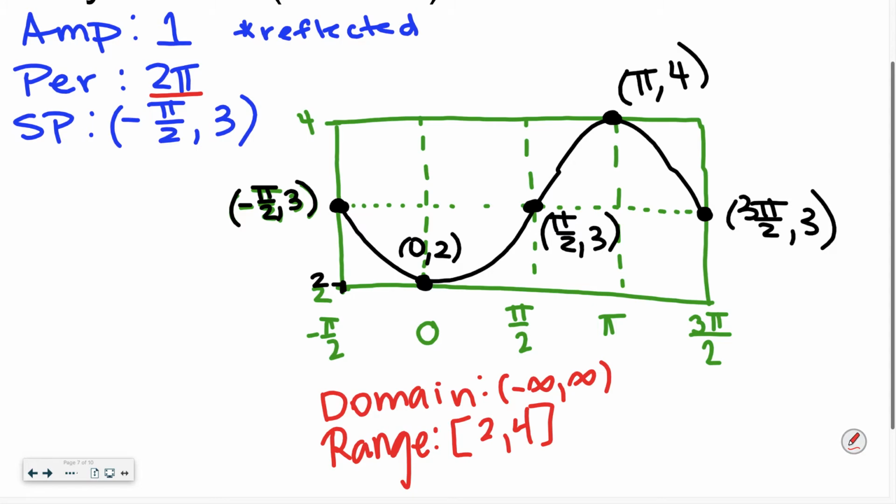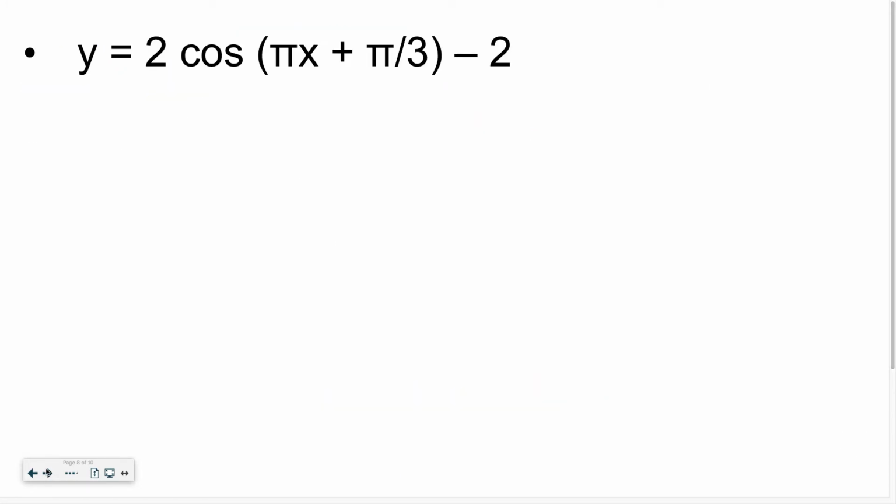Okay, let's do another example. So go ahead and write this one down and identify for me the starting point, period, and amplitude.